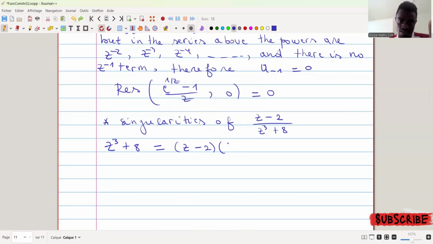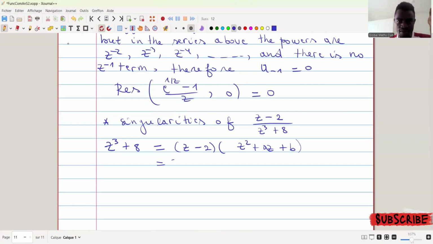So this one is az squared plus bz plus c. But I can remove this a because I know that a is 1, since we have z cubed. So we can just look at a and b.